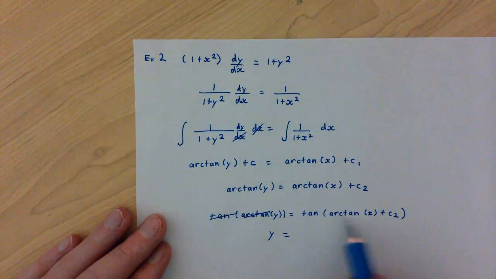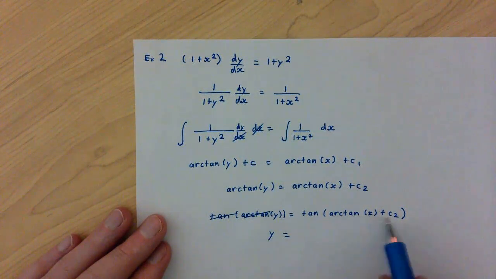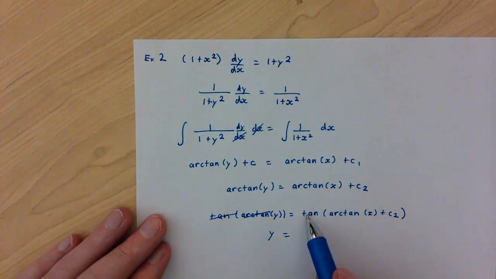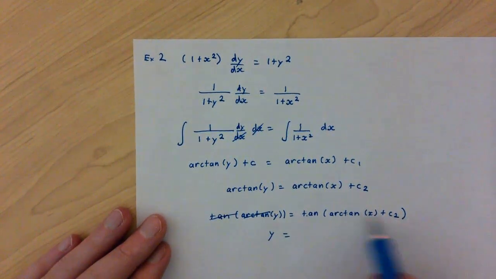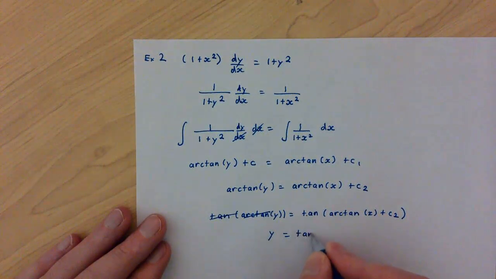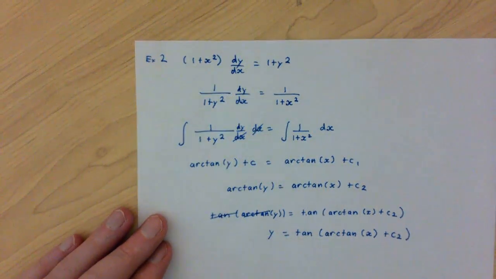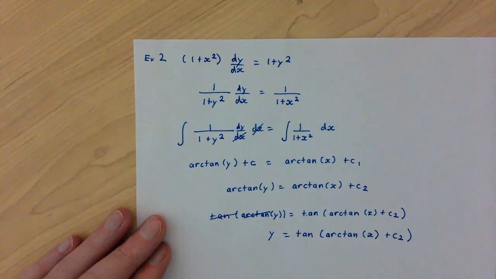Now in this case, because I've got arctan x plus c2, I can't just cancel that tan and arctan, because I don't have an arctan on the c2, but you can't split up tan across both things inside the bracket. You have to use a special formula, which is not the most important thing. So just because we're trying to find y, I'd just say that's tan of arctan of x plus c2, and I'd leave it like that. I wouldn't worry about going any further.